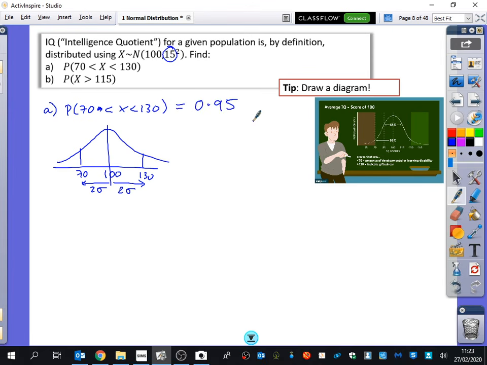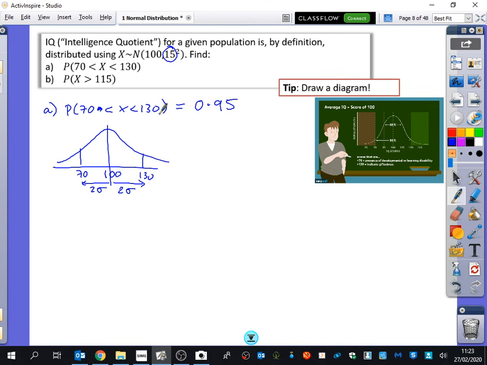Okay? It's 95%. Now, actually, if you want to, and you know how to use your calculator, you could put in 100 as the mean, 15 as the standard deviation. You could put in 70 as the lower and 130 as the upper, and it will give you not exactly 0.95, I don't think. It might do. Let's have a quick look, actually.